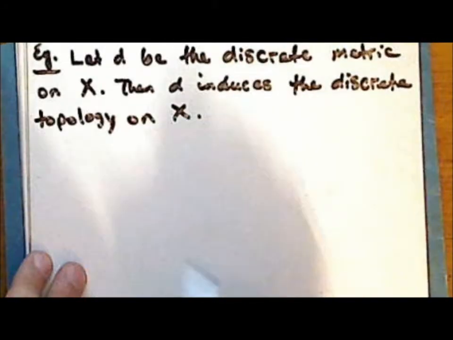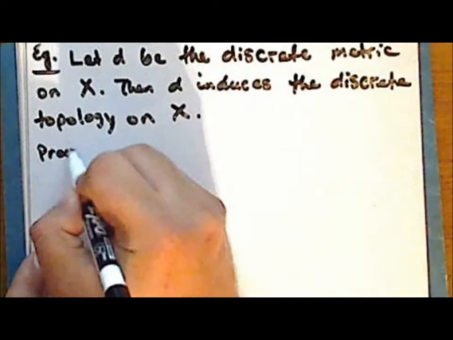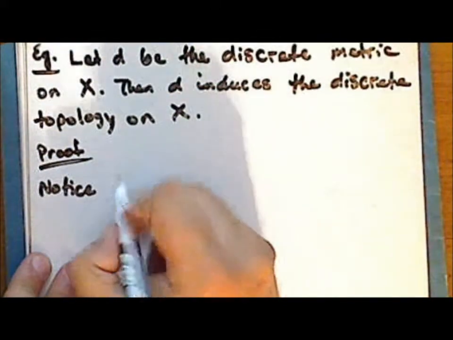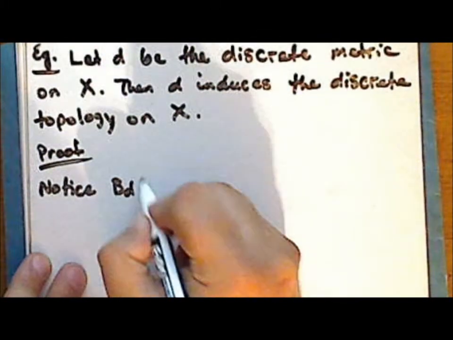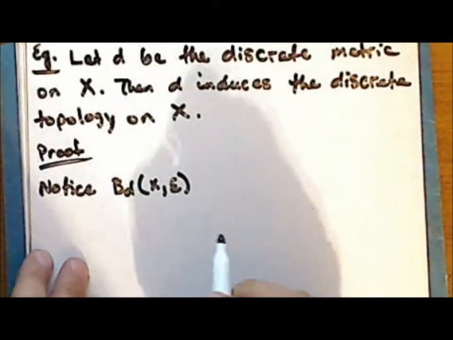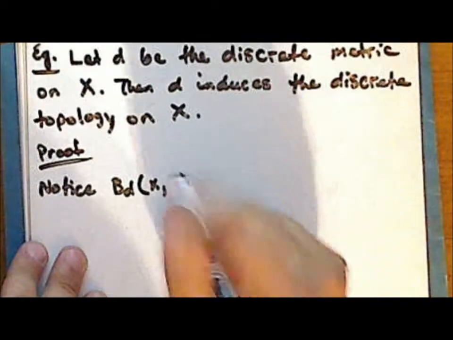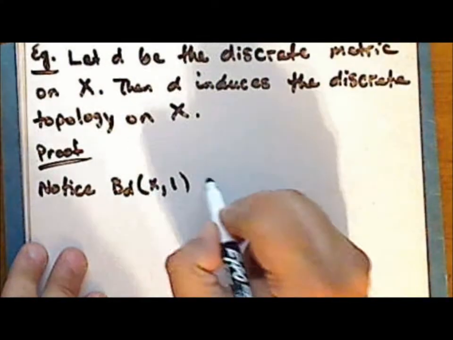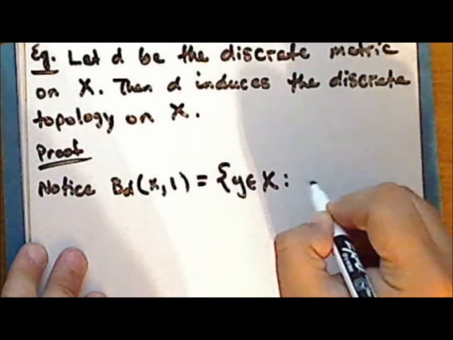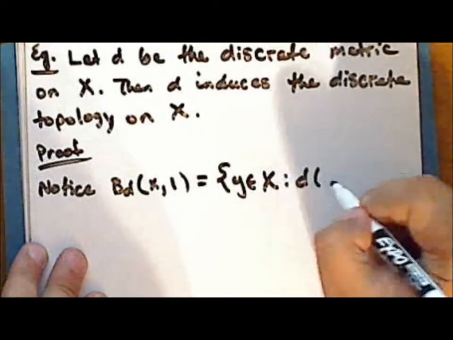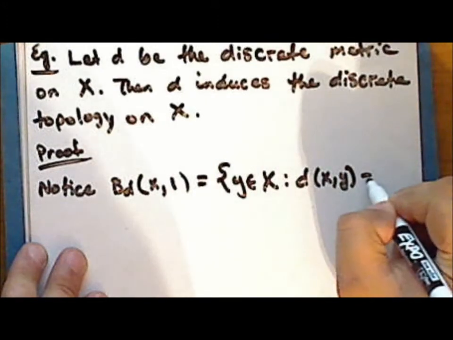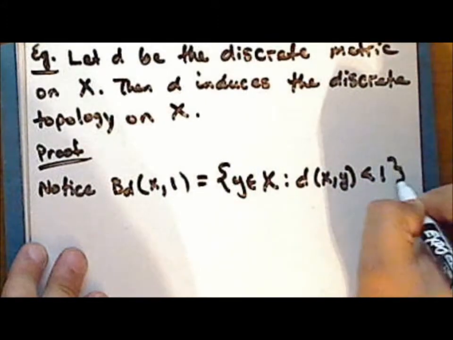Okay, so first notice that the open ball centered at the point X with radius, well, let's choose radius 1, is the set of all points Y in the set X such that the distance under the discrete metric between X and Y is less than 1.